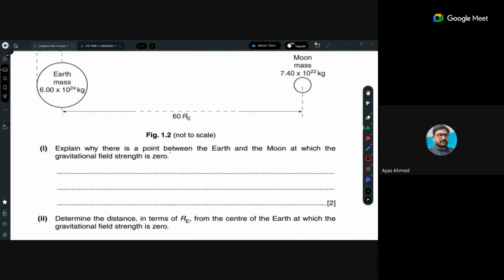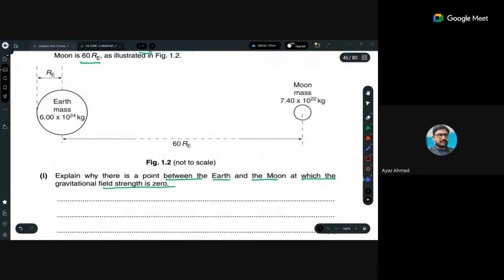Explain why there is a point between the Earth and the Moon at which the gravitational field strength is zero. Yes, this is a question related to the topic of forces. As I told you, what is gravitational field strength? It is basically force per unit mass.